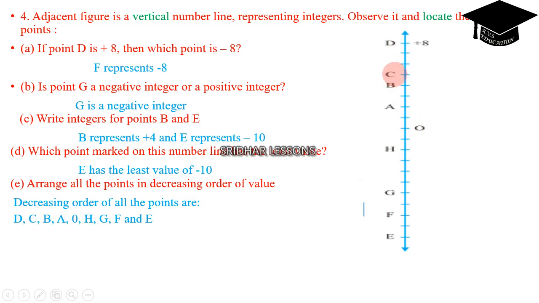D, C, B, A. 0 is the origin, we can call it O or 0. O is the origin. H, G, F and E, in the decreasing order from top to the bottom.